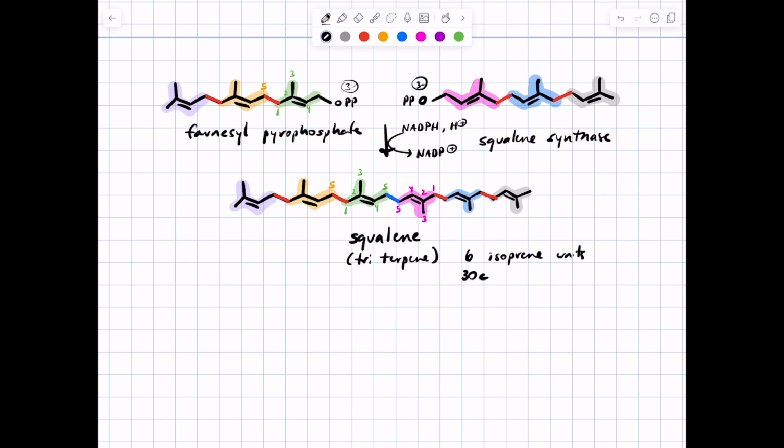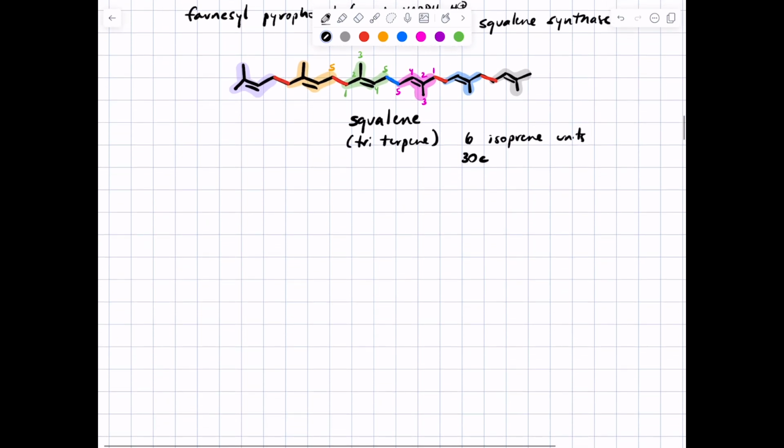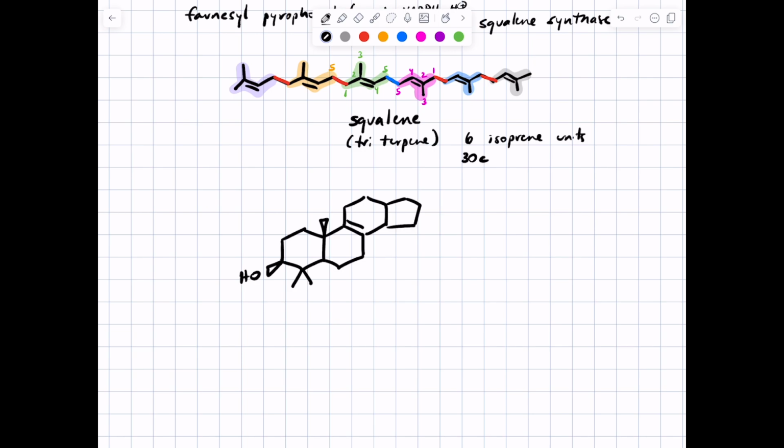And just to give you a preview of where we're going, when we're done, you will see how these 30 carbons become converted to the following much more complicated system. It's almost mind-blowing that biology is able to do this.